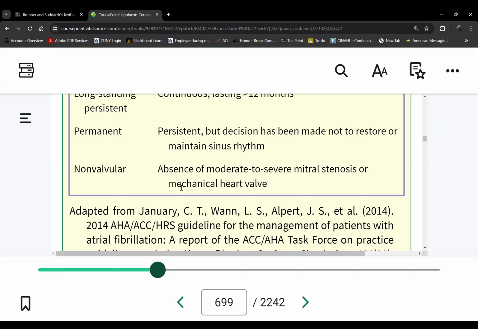I mean not all of them, but most of them will cause AFib. So if your AFib is non-valvular in nature, meaning you don't have a valve problem, you have AFib, you can use a different list of anticoagulants. If it's valvular, what's the only option? Warfarin alone.